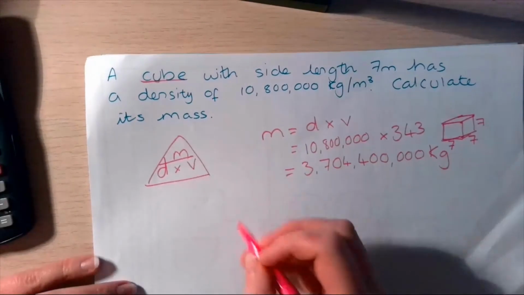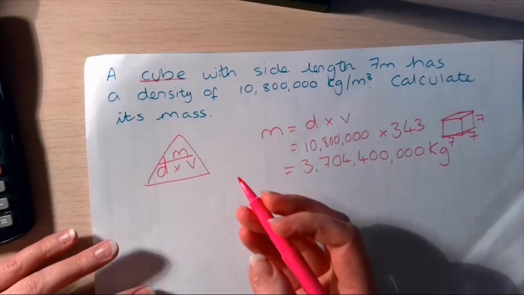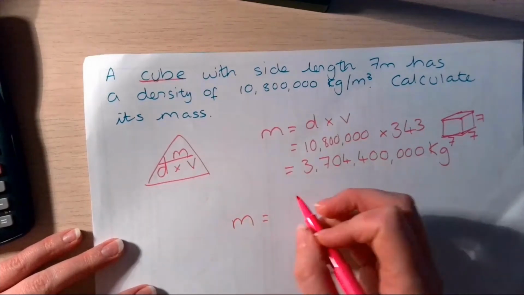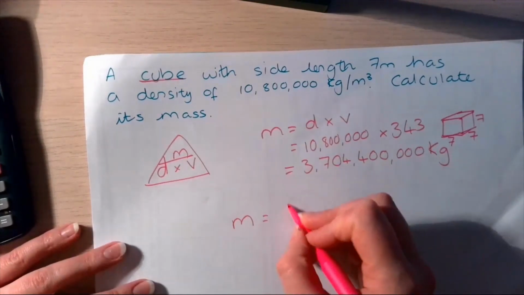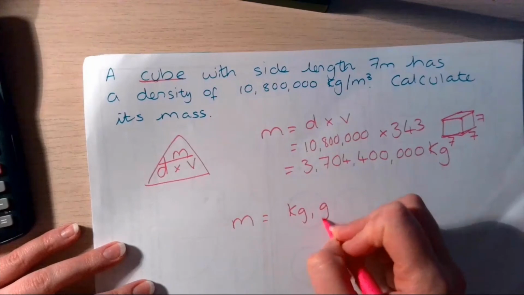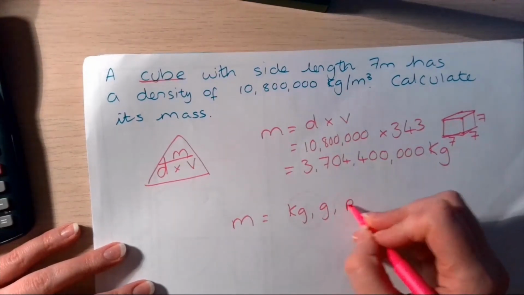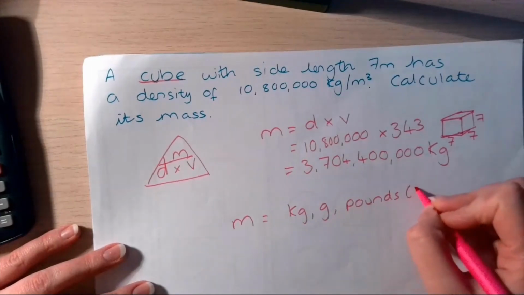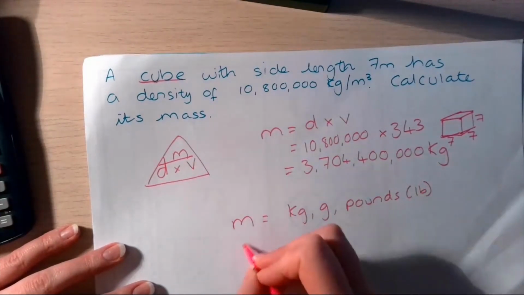So it might be worth putting a note of the type of units you'd expect for each of these. Mass, we're looking at traditional weight measurements, so kilograms, grams, pounds potentially if we're working with something imperial, pounds like that pound, not the money pound.